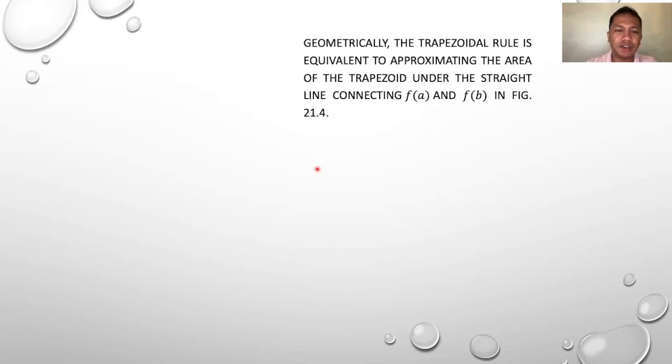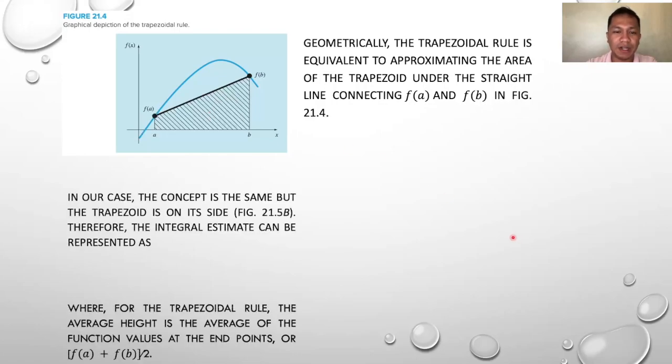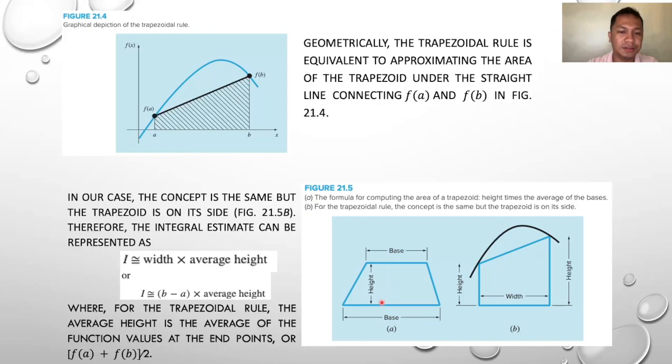Geometrically, the trapezoidal rule is equivalent to approximating the area of the trapezoid under the straight line connecting fa and fb. Recall from geometry that the formula for computing the area of a trapezoid is height times the average of the bases. This one. But in our case, the concept is the same, but the trapezoid is on its side, here.